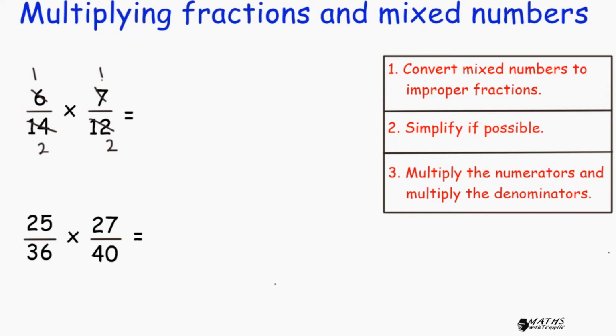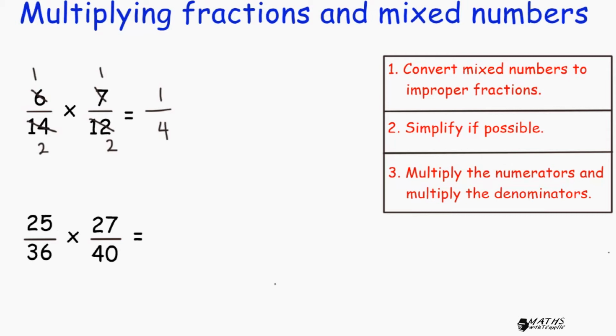Now I've simplified, and I can simply apply rule number 3, which is multiply my numerators. 1 times 1 is 1, and 2 times 2 is 4. So my final answer is 1/4, and I've saved myself a lot of problems with working with these big numbers and simplifying afterwards. So I'm going to show you that one more time.